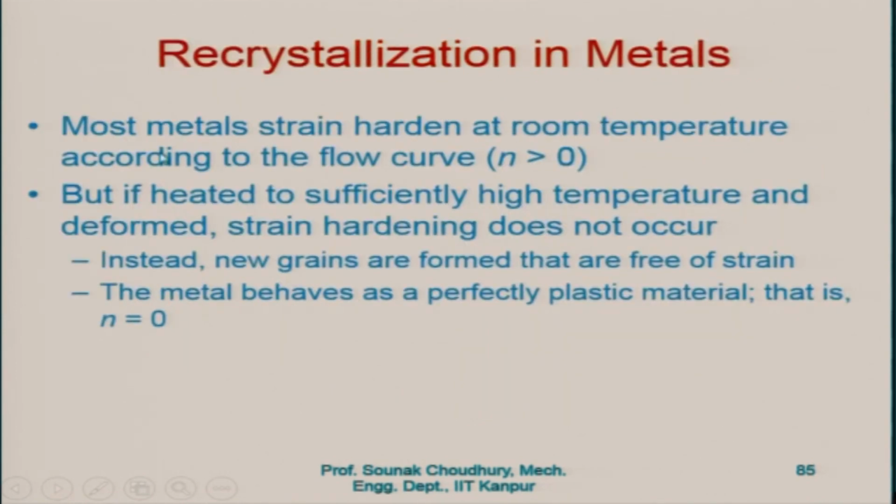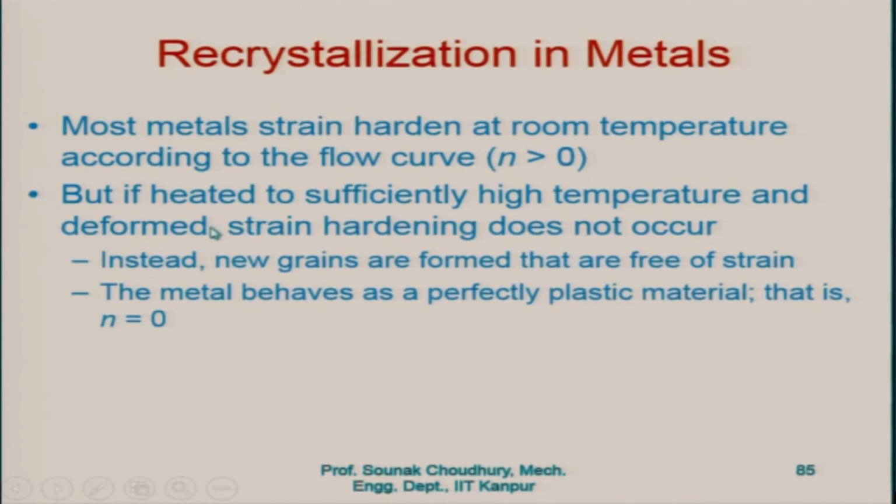Recrystallization in metals: most metals strain harden at room temperature according to the flow curve. Okay. So, if you see most of the metals, the n is more than 0, but if heated to a sufficiently high temperature and deformed, then the strain hardening does not occur.